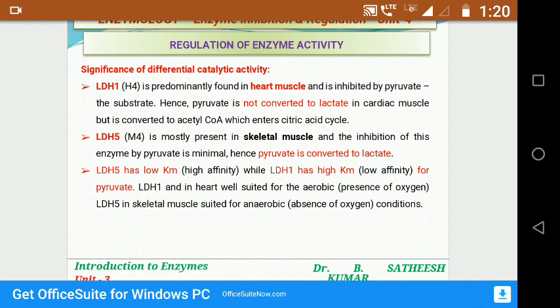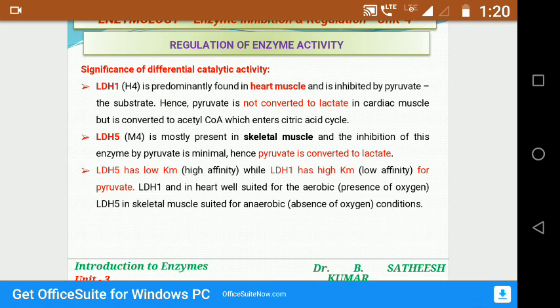Due to the high Km value of LDH1 for pyruvate, the pyruvate is not converted to lactate, because it inhibits LDH1 and favors the aerobic respiration process in which the pyruvate enters the citric acid cycle in the form of acetyl CoA.